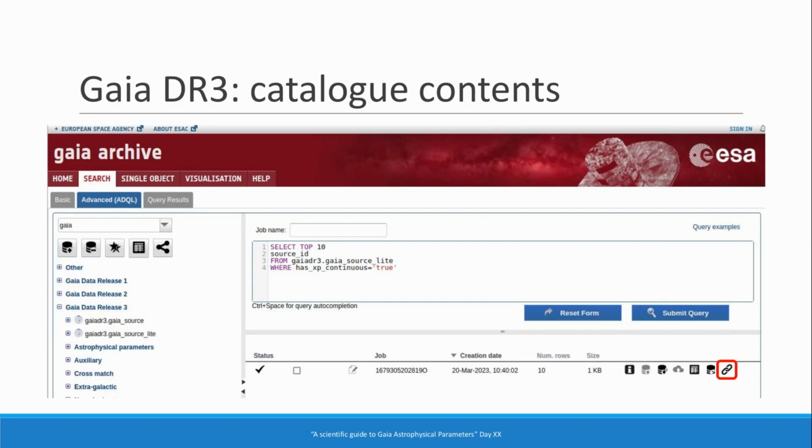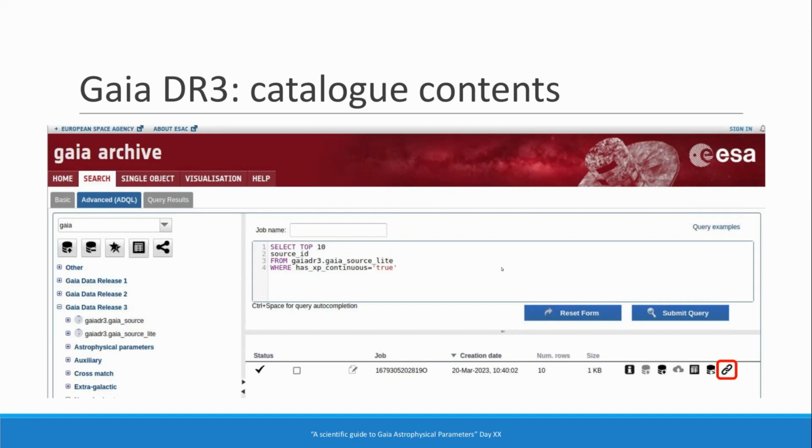You would click on this symbol to download the actual query results. In this case, this would just be the source IDs. And then to get the XP spectra, you would click on this symbol here, the two interlinked chain elements. This is called DataLink. When you click on that, a dialog window will pop open, and it will ask you what data you want. There you can then select that you want the XP spectra for these 10 objects.